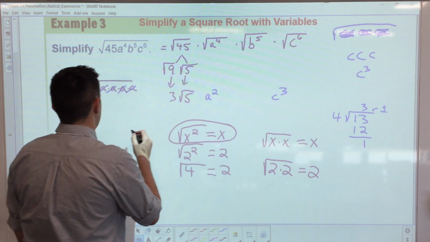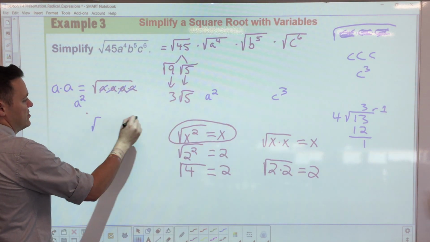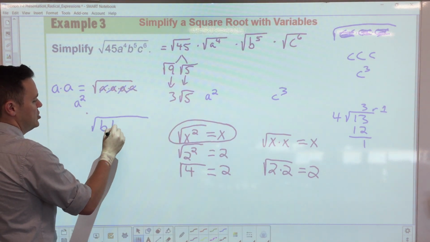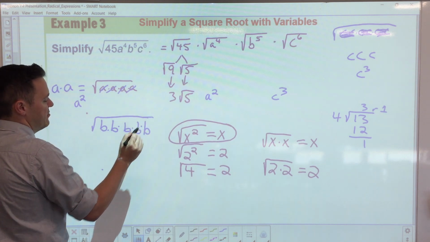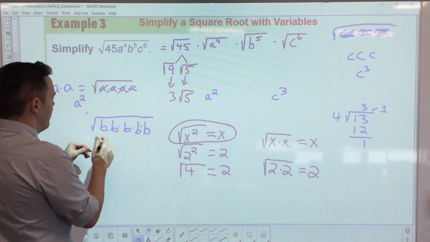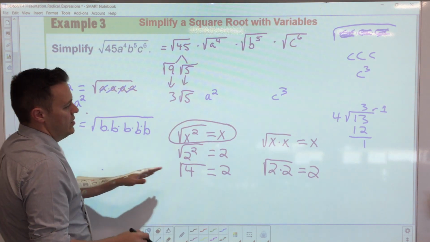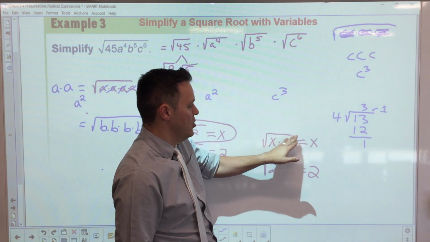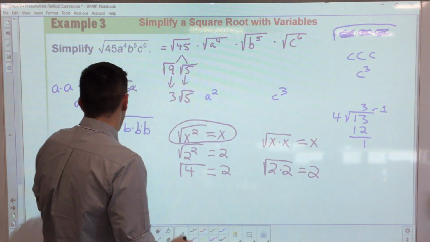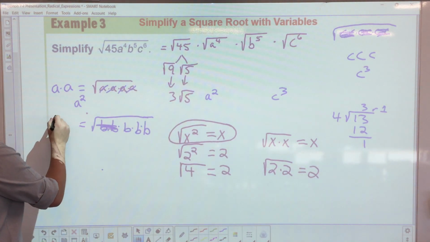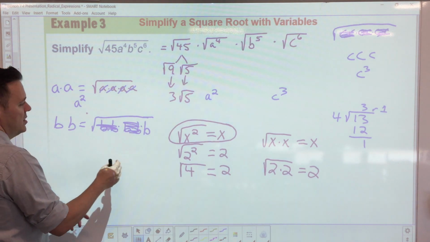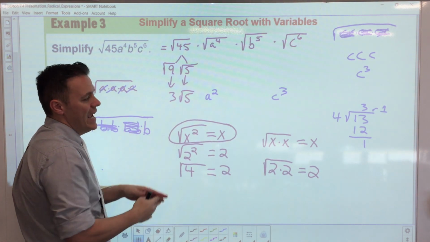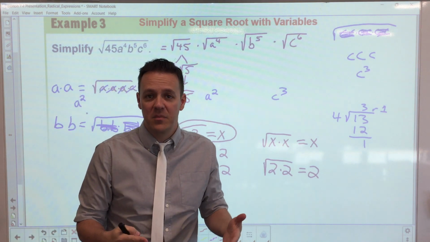Here is the illustration of B to the 5. So I've got 1, 2, 3, 4, 5. I have 5 of them here. Now, we talked about how for every 2 that you take out, it equals 1. So we'll take out 2 of them here, we got 1, take out 2 more, we got another 1, but then you have 1 hanging by itself, and that is the remainder that we're leaving behind.